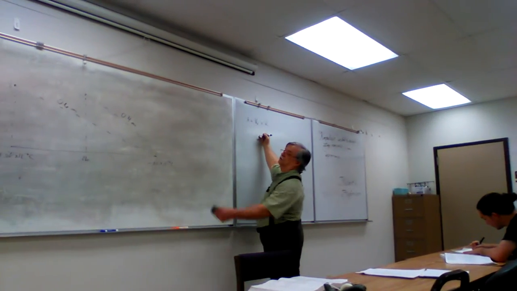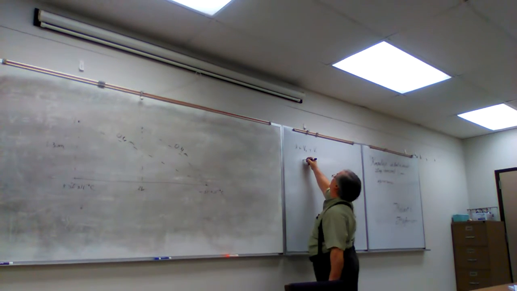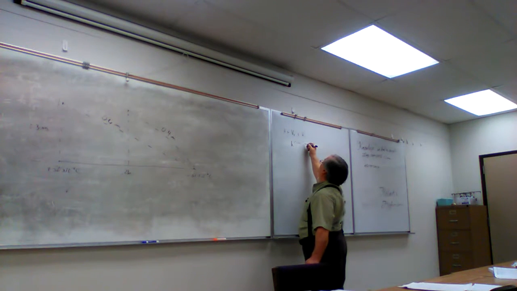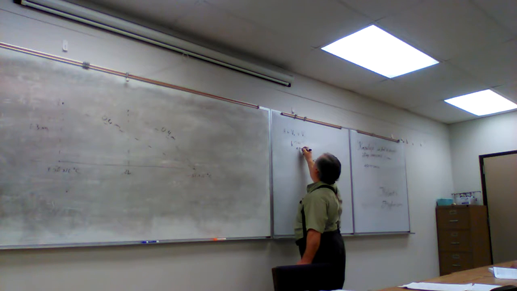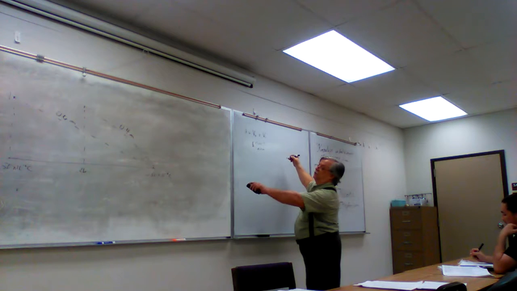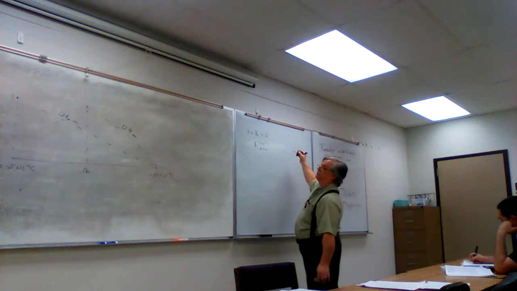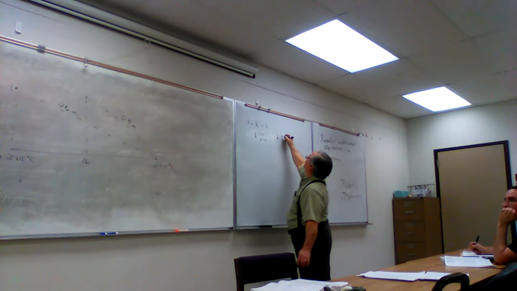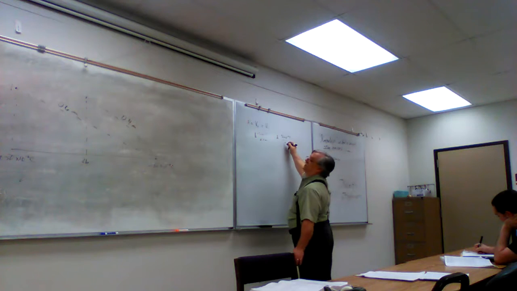Well, the potential for the plus 50 is simply K times plus 50 times 10 to the minus 6 coulombs divided by 0.3 meters. And the potential due to the negative is going to be K times minus 50 times 10 to the minus 6 coulombs divided by 0.6 meters.